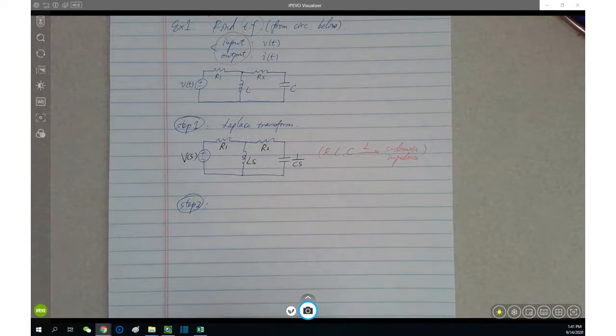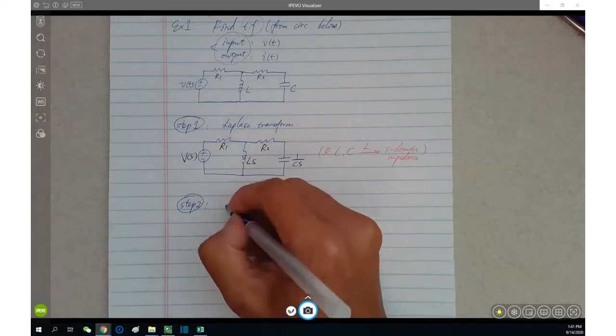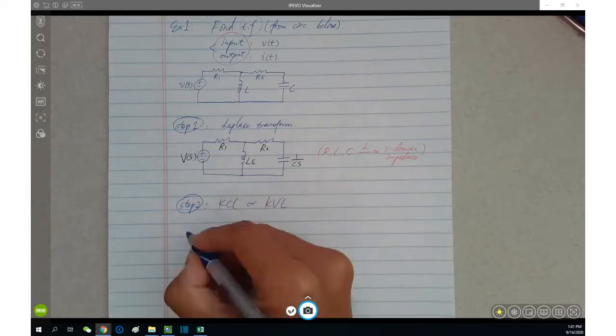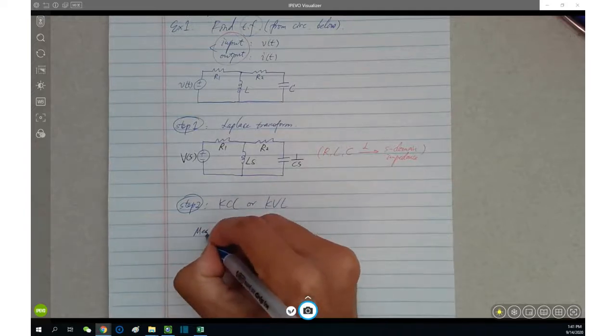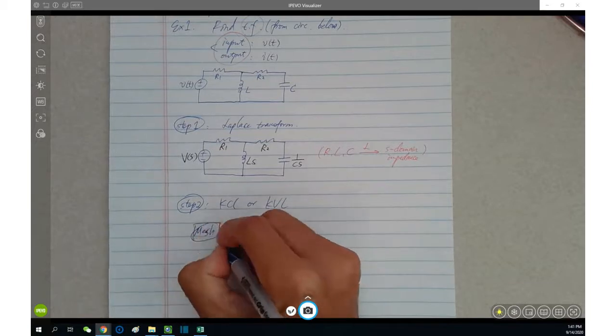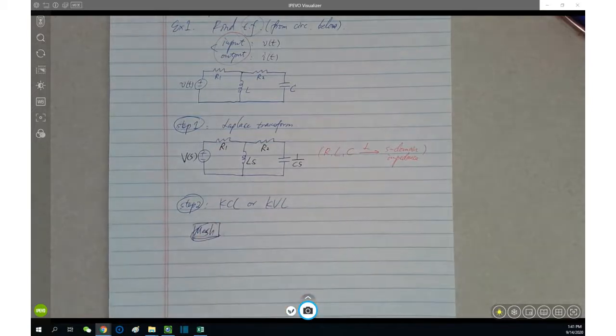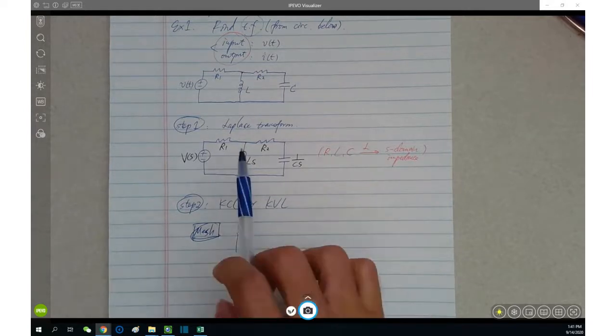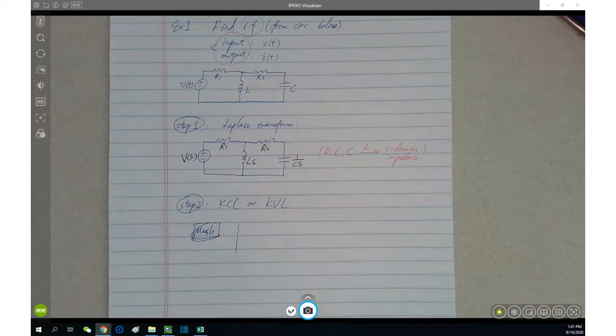So here, let's just try mesh, followed by nodal, conducting mesh on this circuit. What mesh equations? Well, first of all, we are seeing two meshes, so two equations.